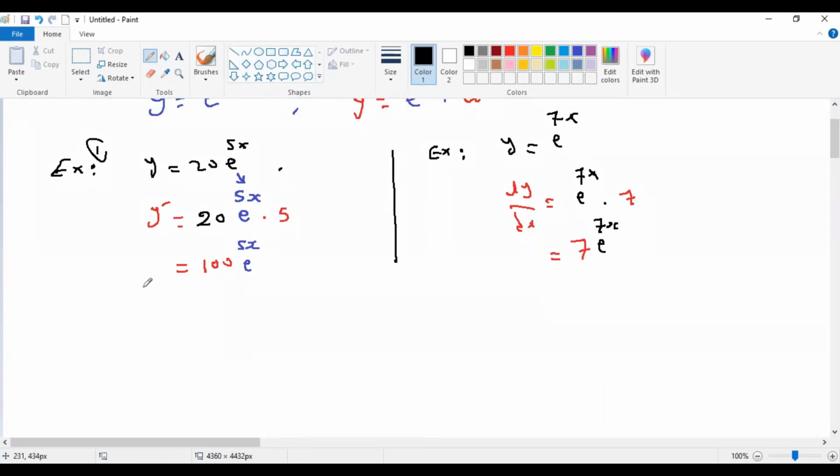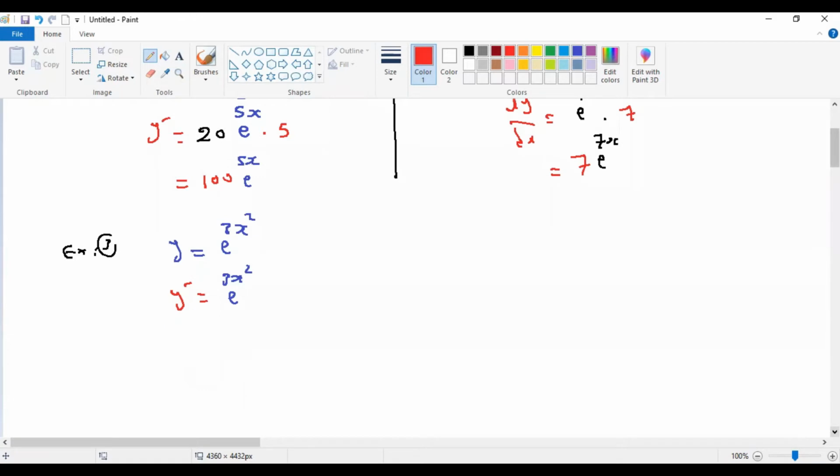Okay, now example number 3. y equals e to the power 3x squared. So y prime is equal to the derivative. e is the same e, copy and paste the 3x squared, times, now what do we multiply by?